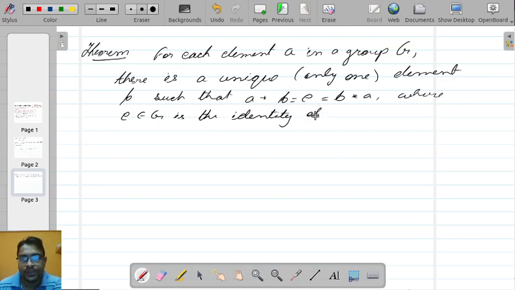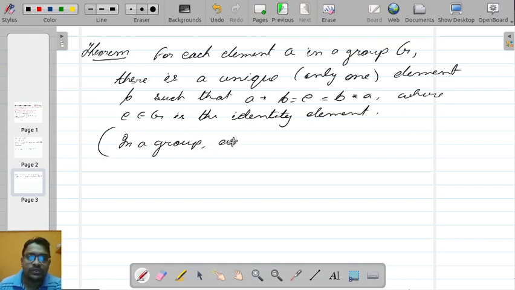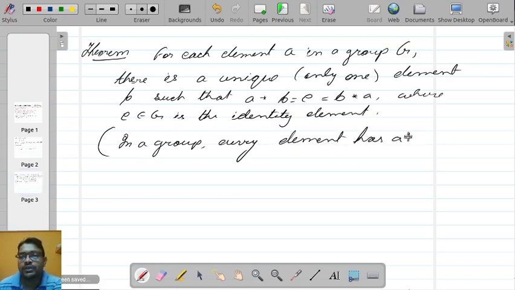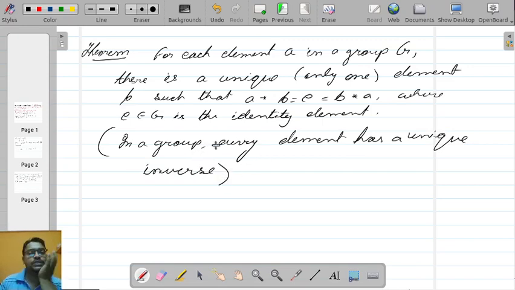In another way, we can also state it this way: in a group, every element has a unique inverse. And this is another way of stating the same theorem. So if in exam the statement is this, then don't get confused. These two mean the same thing. That is why I have written both the things here.